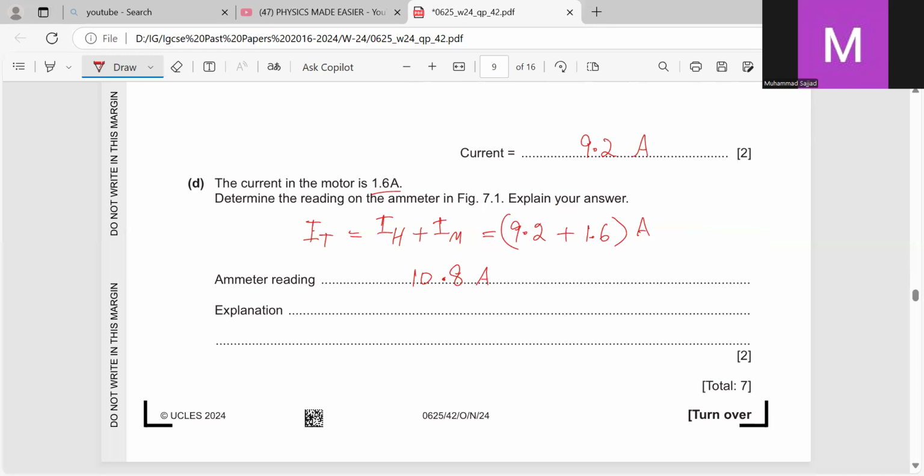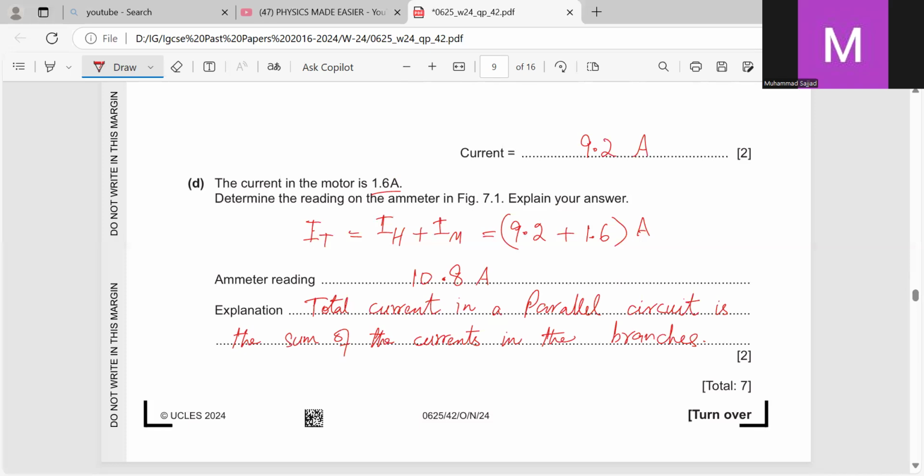Explanation: the total current in a parallel circuit is the sum of the currents in the branches. The motor and heater are actually connected in the branches.